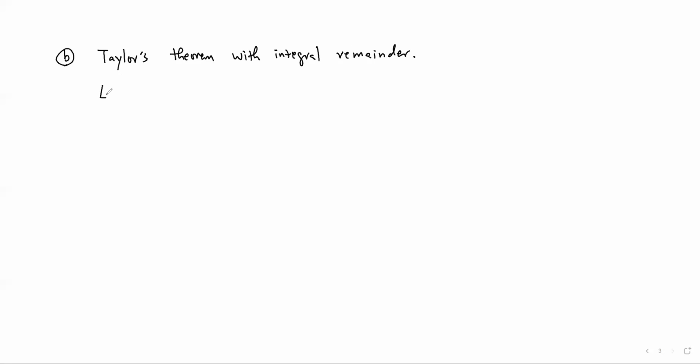Again, suppose function f is in this set.